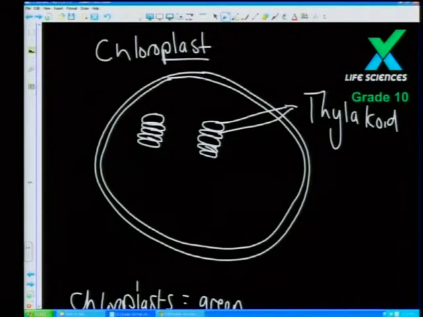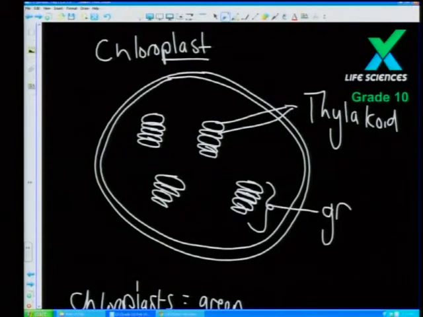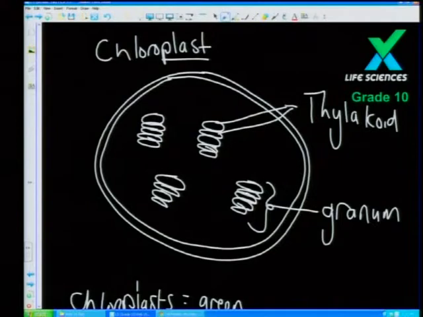And you have a stack, and you'll have another stack here, and another stack here. Each little stack of thylakoids is called a granum. All right, so you've got your granum, and each little thylakoid stack is 1 granum. There are 4 grana here. So I'm going to just put here that I've drawn 4 grana.